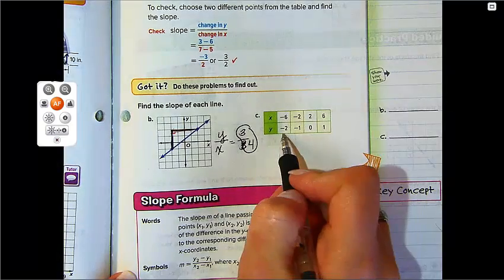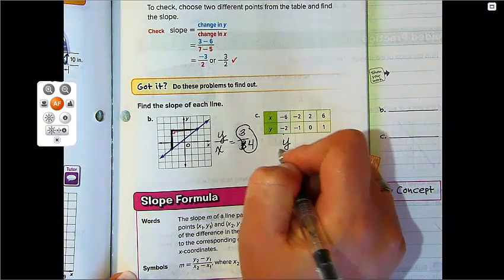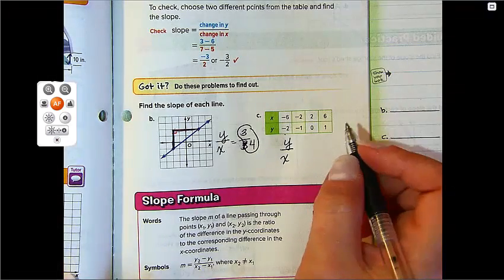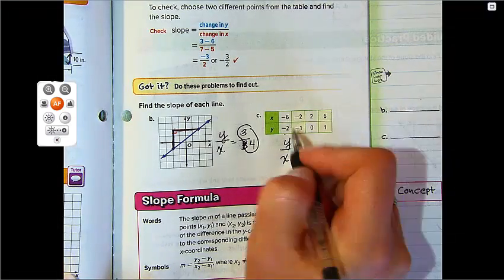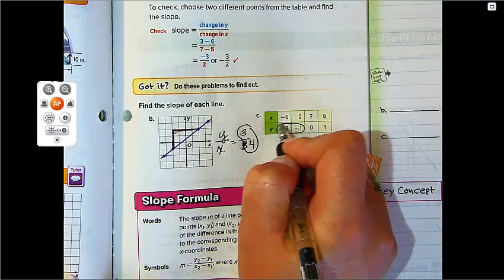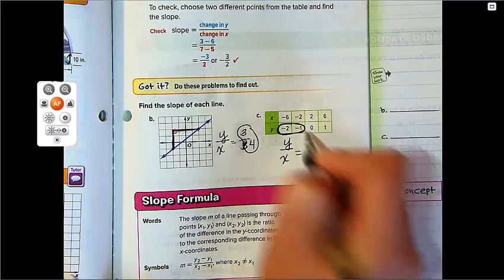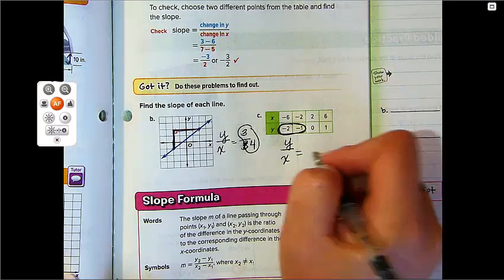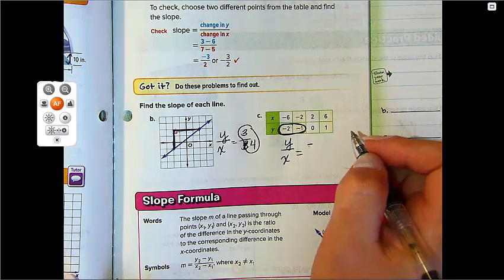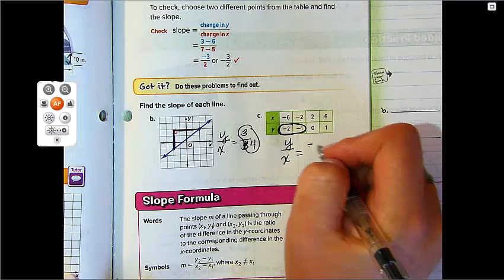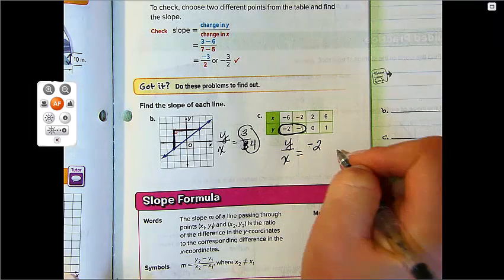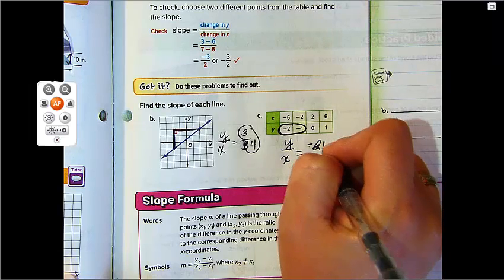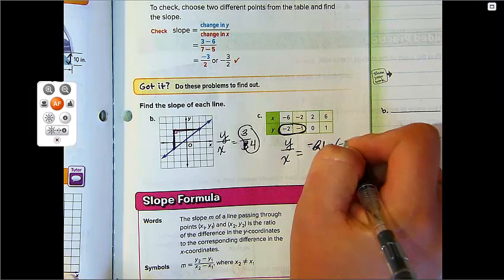Let's look at this one. Change in y over change in x. Well, if I look at my change in y, I have to pick 2 y's to find my change, because a change means that it goes from one value to another. So my change in y is negative 1 minus a negative 2.